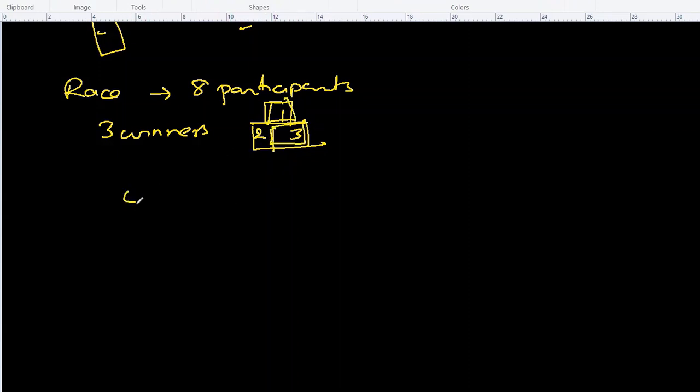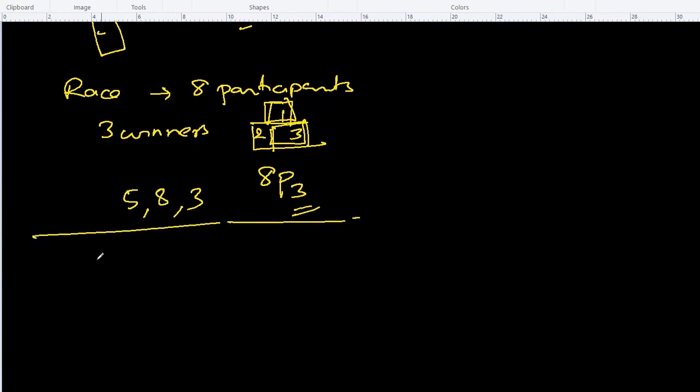If only these athletes win, 5, 8 and 3, but their positions are different, they are different situations. That means order is important in this case also, in what order they finish the race. So in this case we will use 8P3.